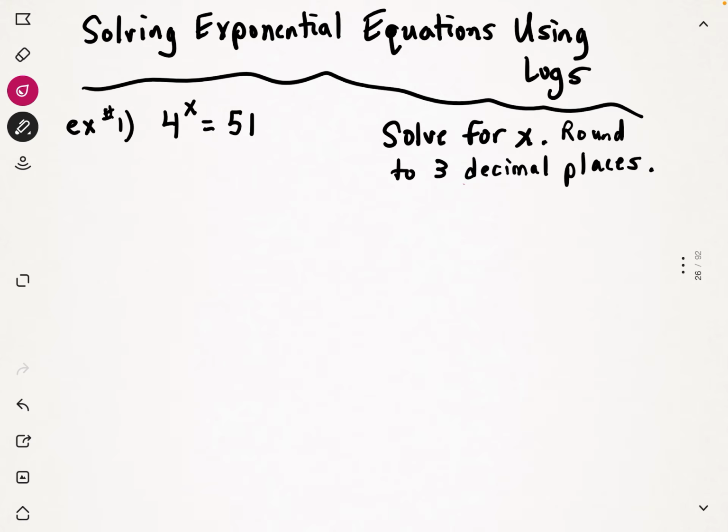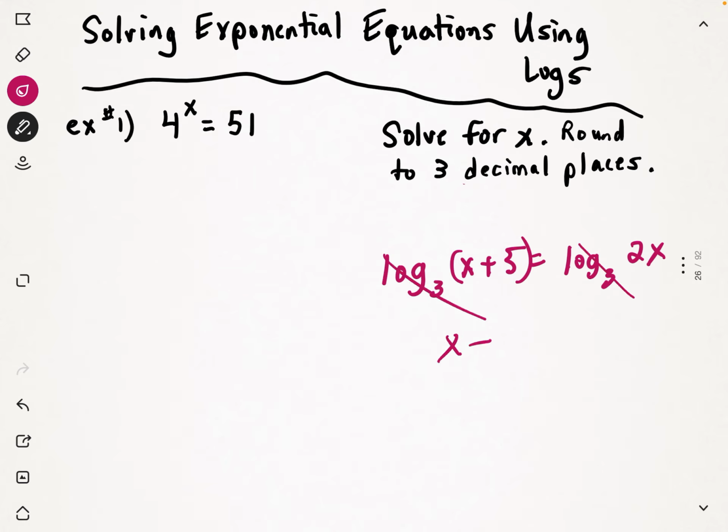So instead, we're going to make use of some of the log rules that we learned in the previous unit. If you recall, if you had something like this, one log equal to another log, you could cancel the logs out and just say x plus 5 is equal to 2x.